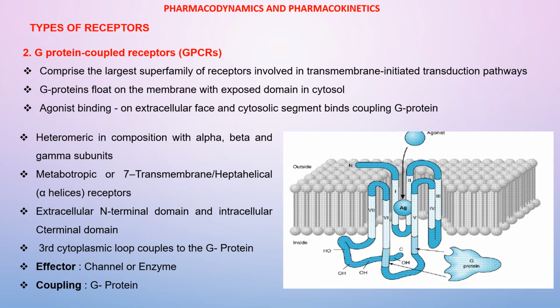The third cytoplasmic loop of the transmembrane couples with the G protein, as shown in the figure. Binding of the ligand on the extracellular domain leads to coupling of the G protein with the cytosol segment. This leads to activation of signaling pathway. The effector here is an ion channel or an enzyme.